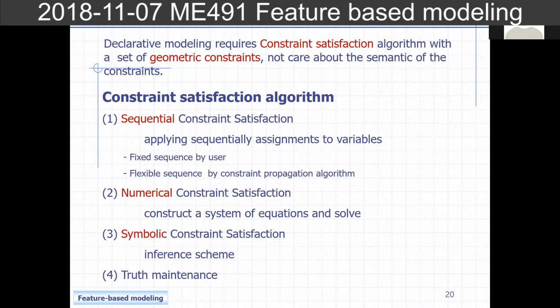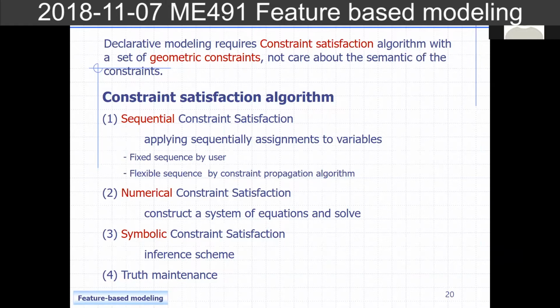Algorithms are also classified into 4 different categories. One is sequential. You should not confuse this with the previous discussion on sequential and numerical systems.